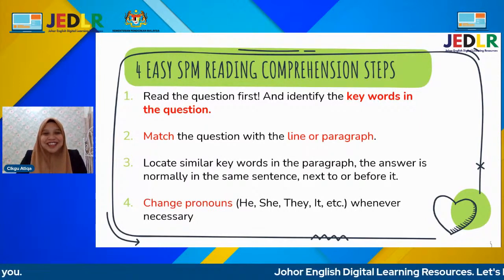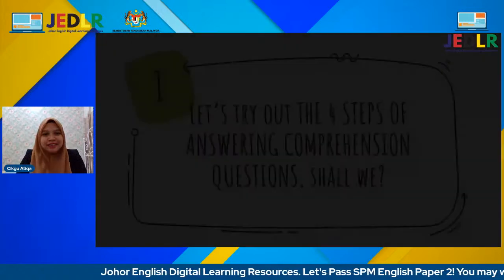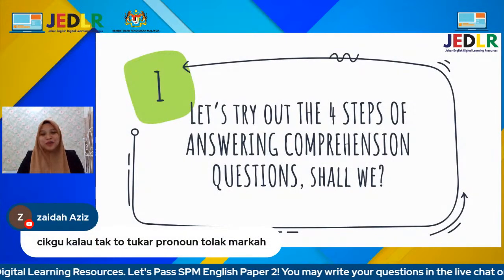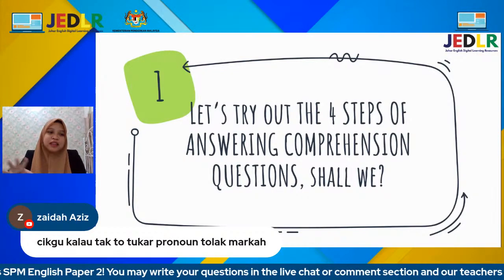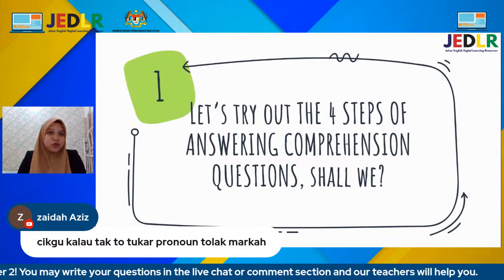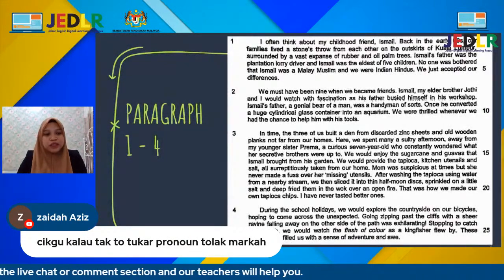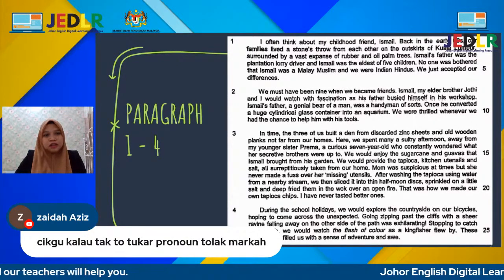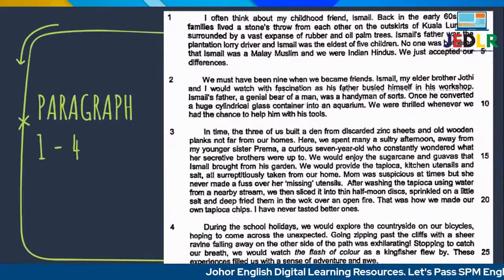Okay, all right. So I think that we are ready to try out the four steps of answering comprehension questions. Before we can try the four steps, I think that you need to know the text that we are going to use today. Okay, what I would do if I were you is that I will screenshot this text. For the first slide is paragraph 1 until 4.